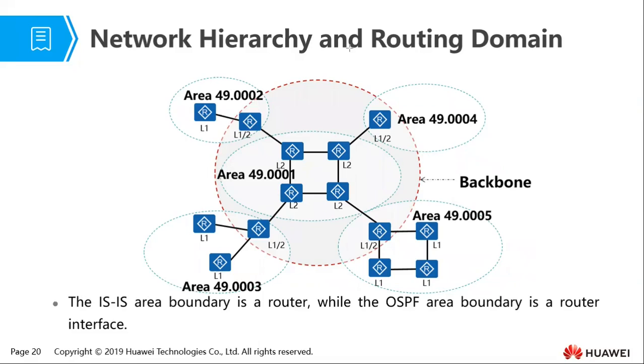Now, unlike in OSPF, the IS-IS boundary is a router rather than an interface. In OSPF, it is the interface that belongs to an area and not a router. IS-IS also has areas. Like here we have area 2, area 4, area 5, area 3, and we have area 1.